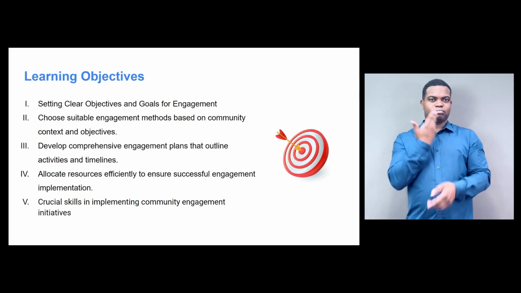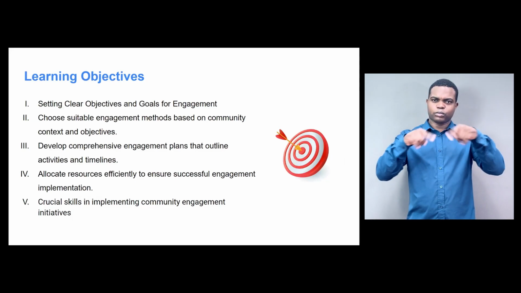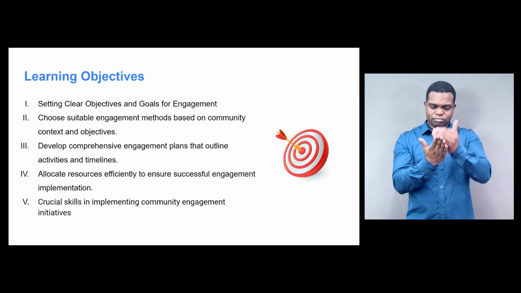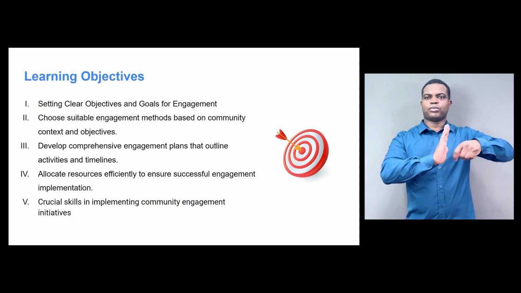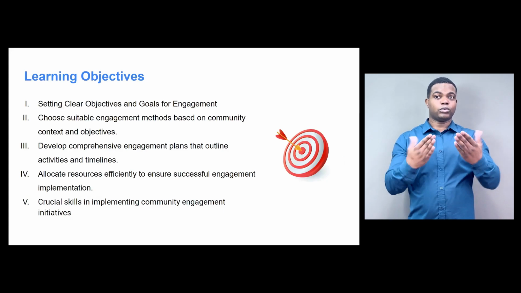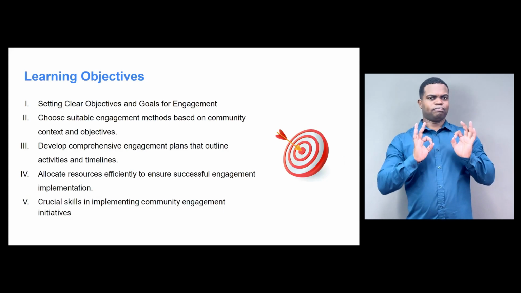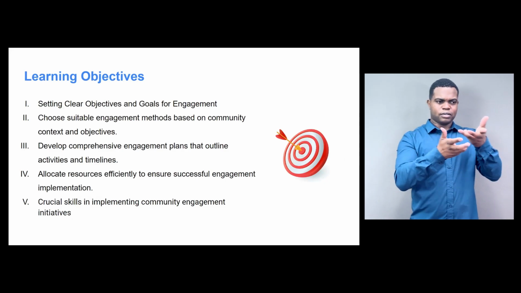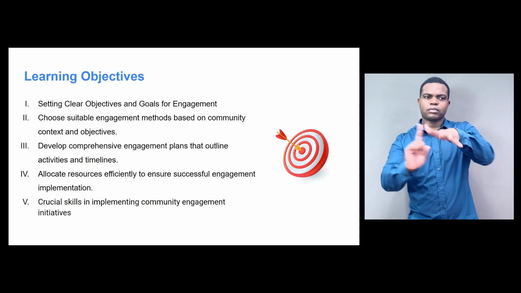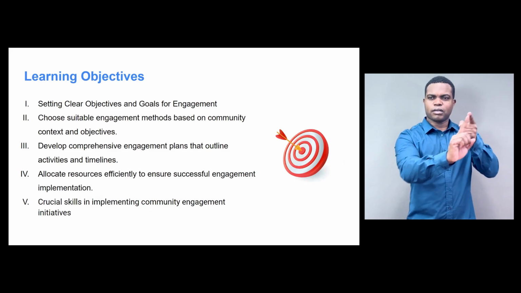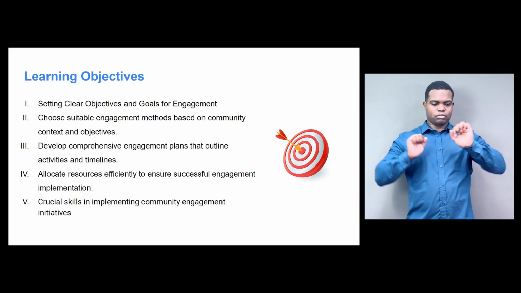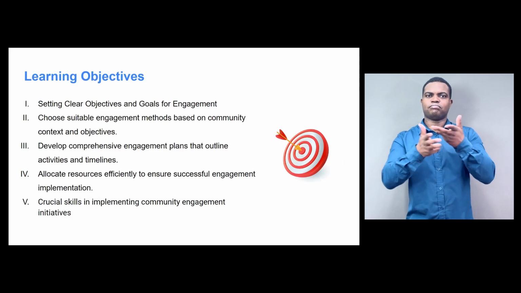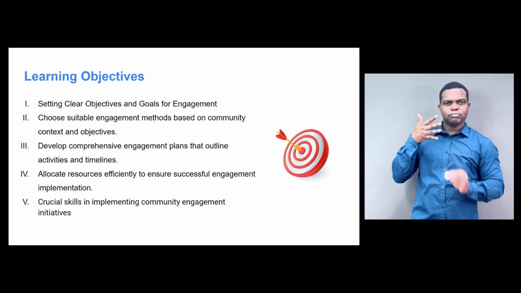These are the learning objectives, and you will be learning how to set clear objectives and goals for your community engagement initiative. Also, you'll be learning how to choose suitable engagement methods based on community context and objectives, as well as develop comprehensive engagement plans that outline activities and timelines.